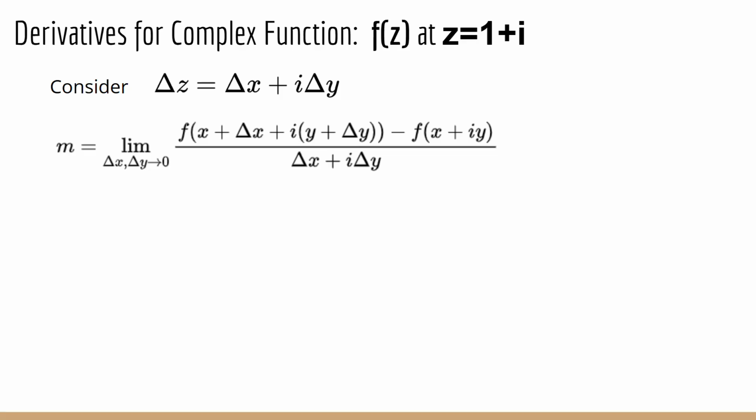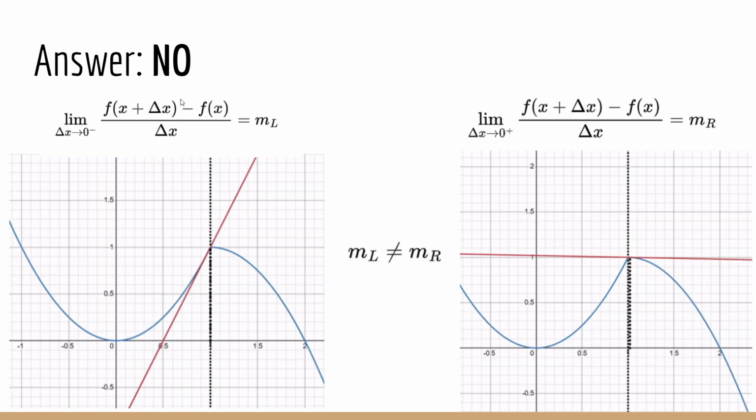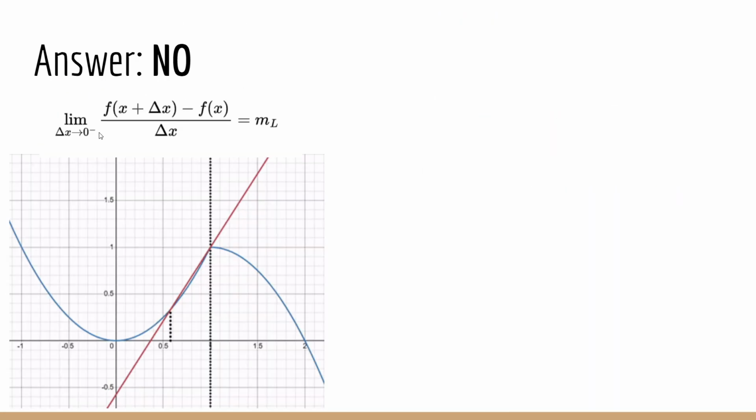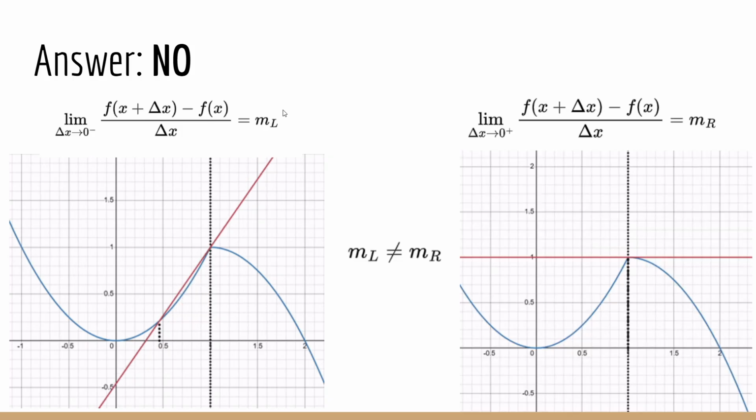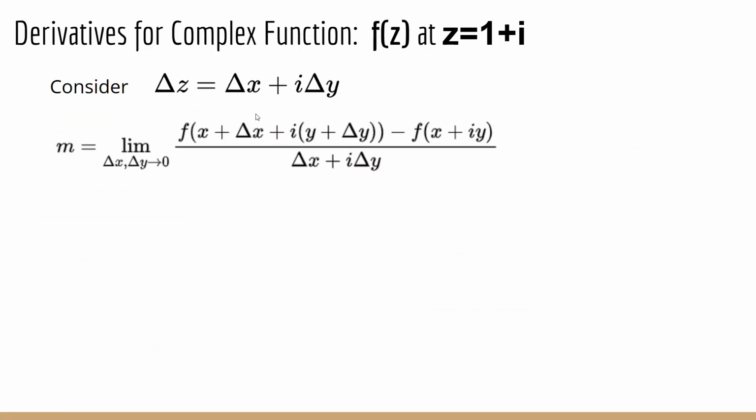So what I mean is, recall our differentiation of the gradients, f of x plus delta x minus f of x over delta x. Now it's basically going to be f of z plus delta z minus f of z over delta z. Now I represent delta z as delta x plus i delta y, where delta x is the increment of the real part of z, and delta y is the increment on its imaginary part.